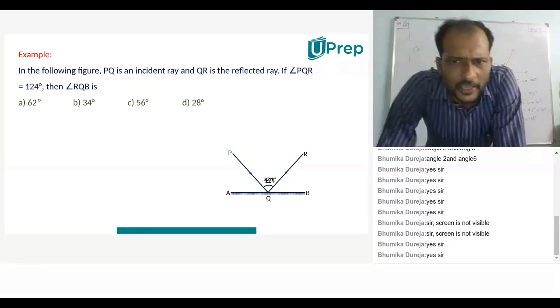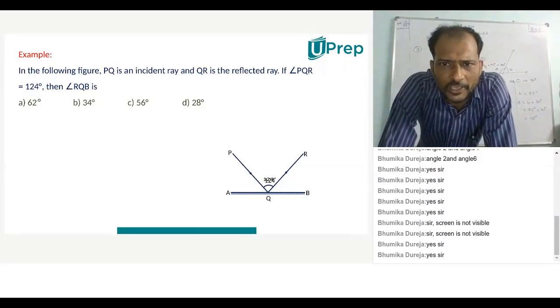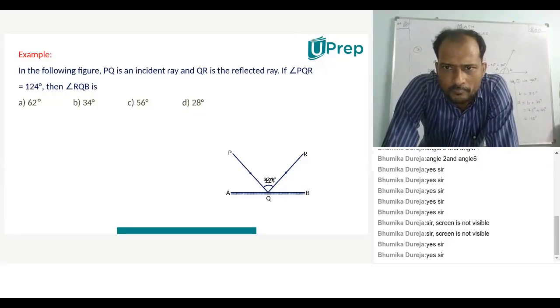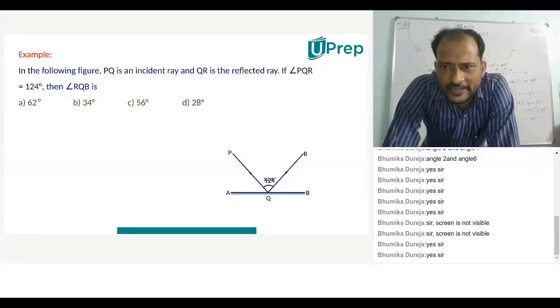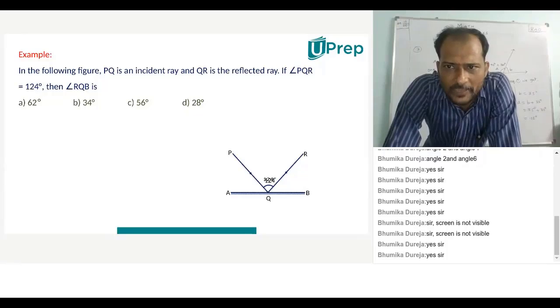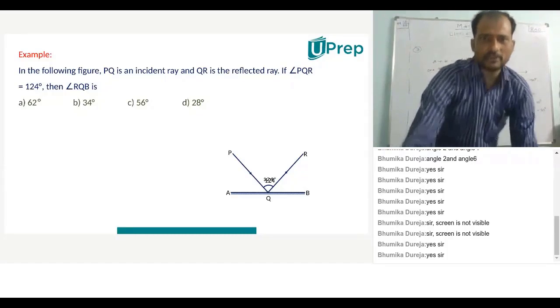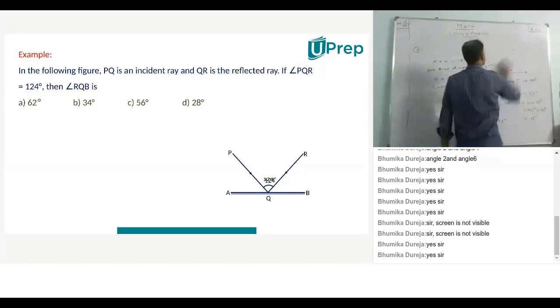In the following figure, PQ is an incident ray and QR is the reflected ray. If angle PQR is equal to 124 degrees, then what is the measure of angle RQB?